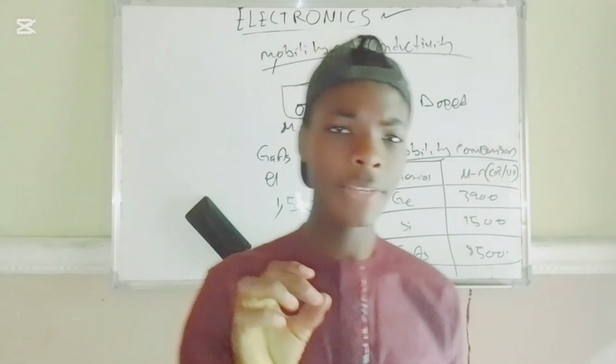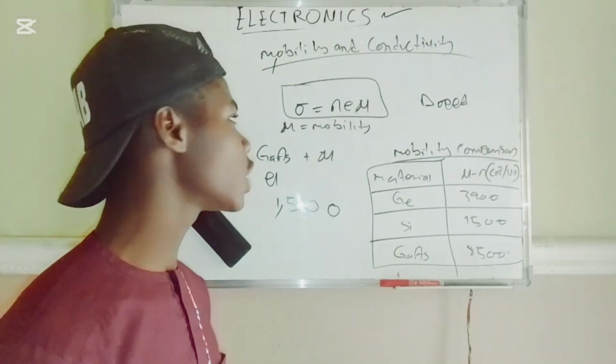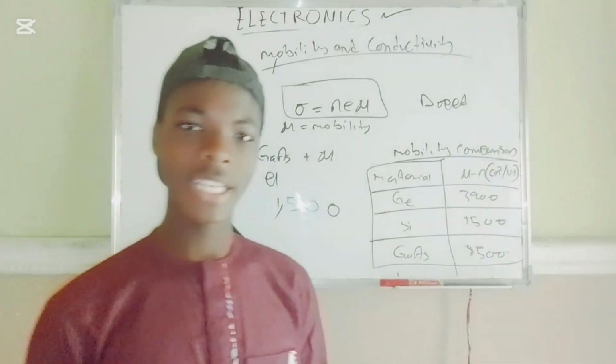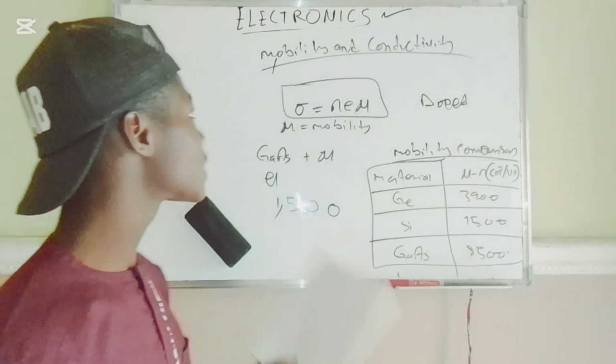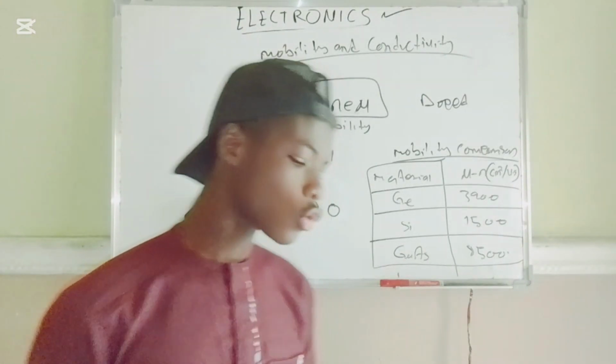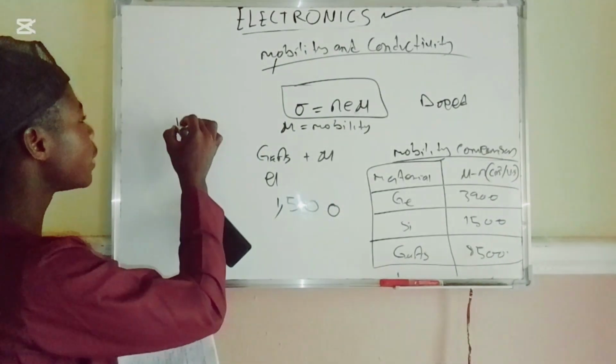Please kindly write it down. Some impurities are added to change the conductivity of a material. Whenever we change it, this is what we call an extrinsic semiconductor.